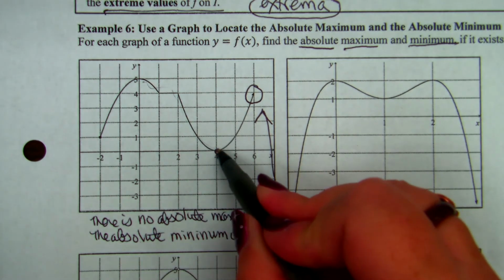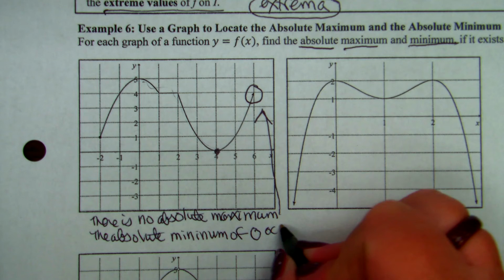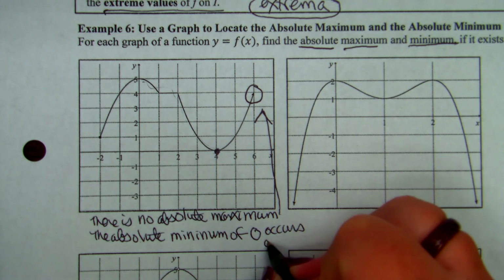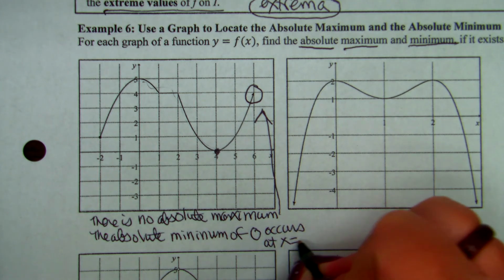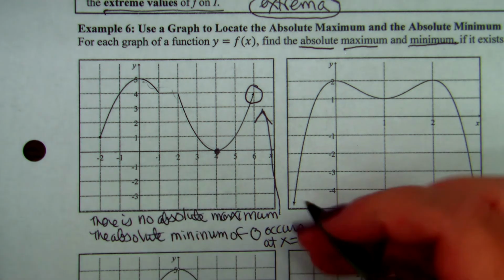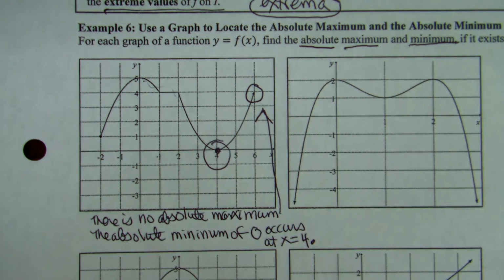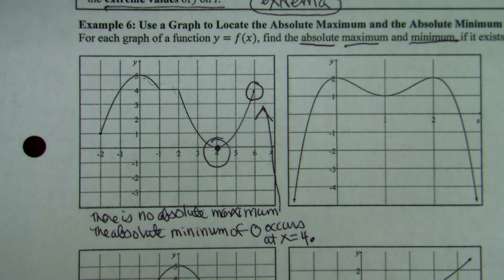Right here, when y is 0. Of 0 occurs at x equals what? X equals 4. So that's the absolute minimum. That's the lowest point on the graph.